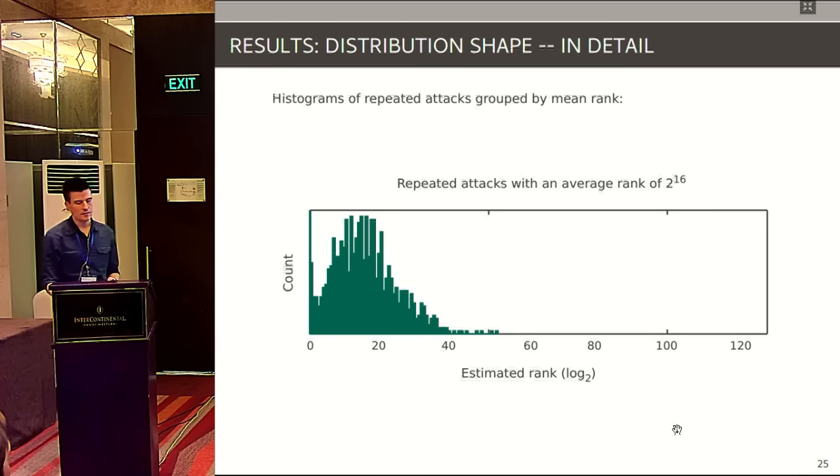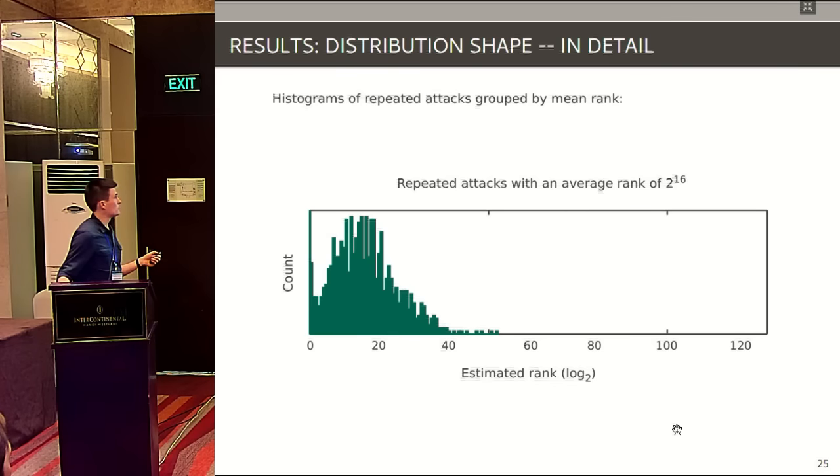Another interesting thing to look at is the distribution side on. So this is a histogram of repeated attacks where the average rank after the attack was 2 to the 16. So that's good for the adversary. That costs nothing to enumerate. And you can see that the distribution looks kind of normal.